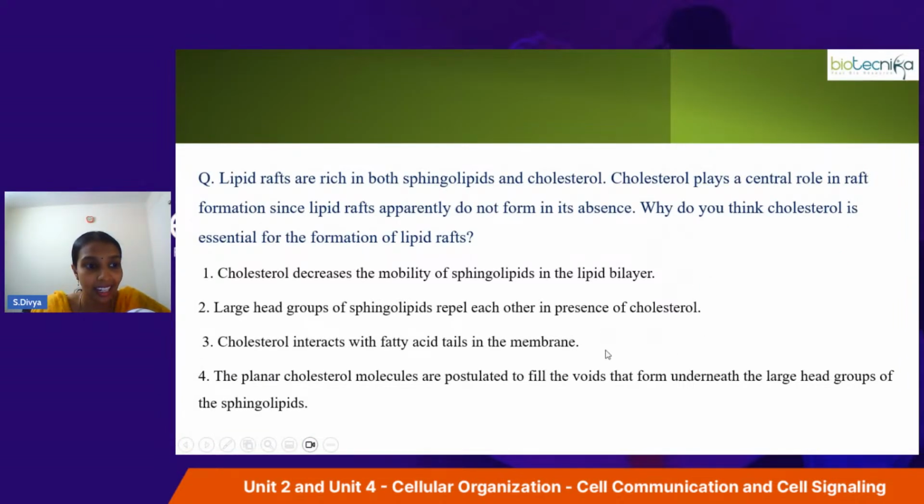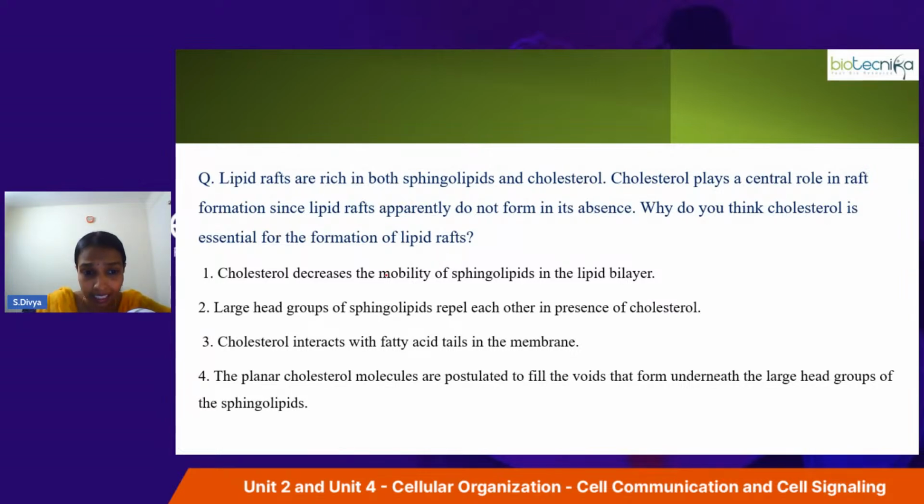Next question is lipid raft. Lipid raft is also one of the famous, common topics when we speak of the CSIR exam. So lipid rafts are rich in both sphingolipids and cholesterol. Cholesterol plays a central role in raft formation since lipid rafts apparently do not form in its absence. So why do you think cholesterol is essential for the formation of lipid rafts?